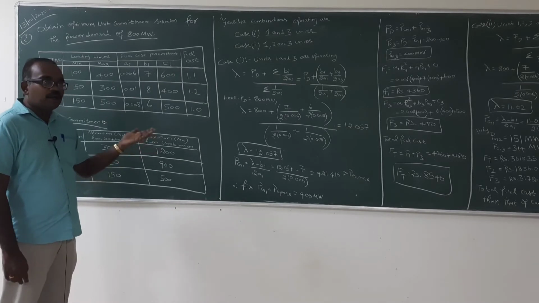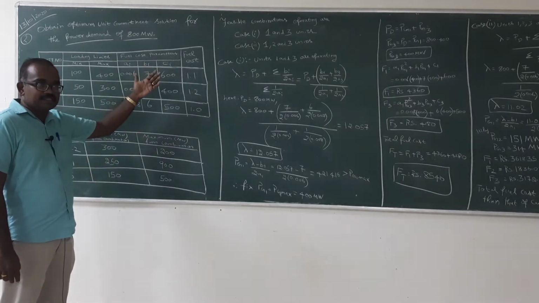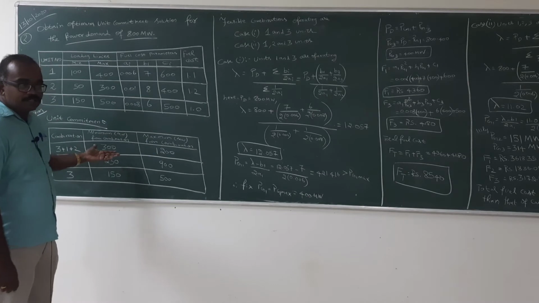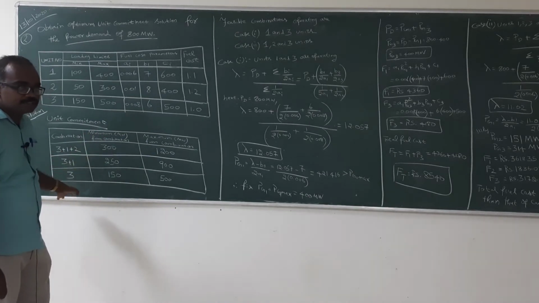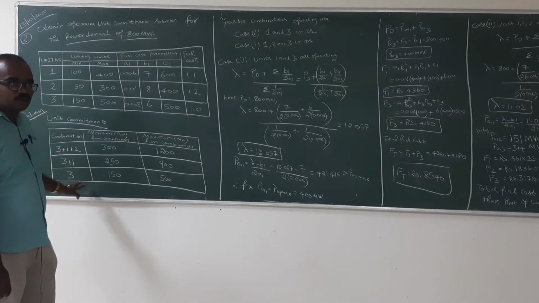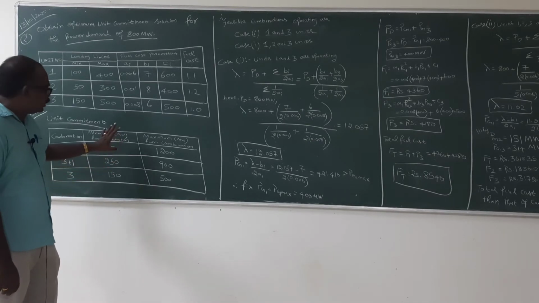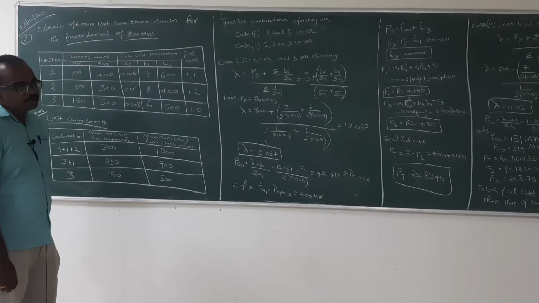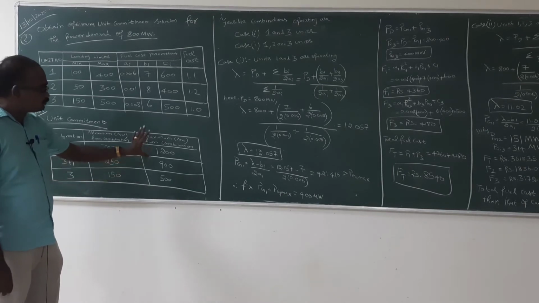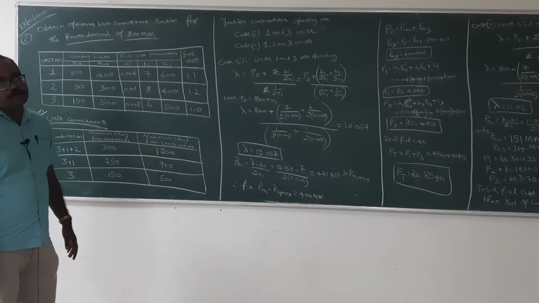Based upon the previous results, for the unit commitment we have the combinations 3, 1, 2 and then 3, 1 and then 3, with their respective minimum megawatt combinations as well as maximum megawatt combinations.